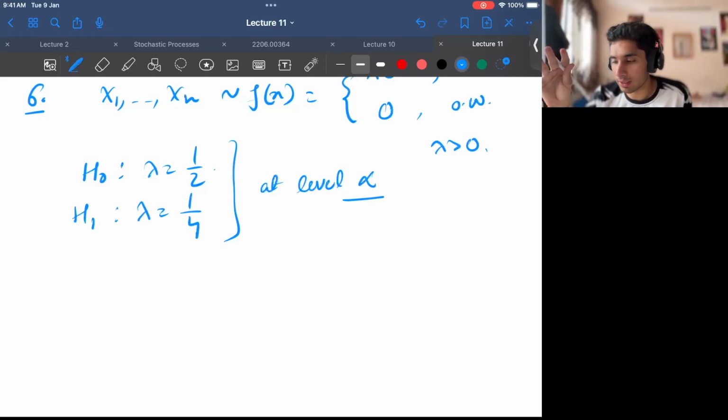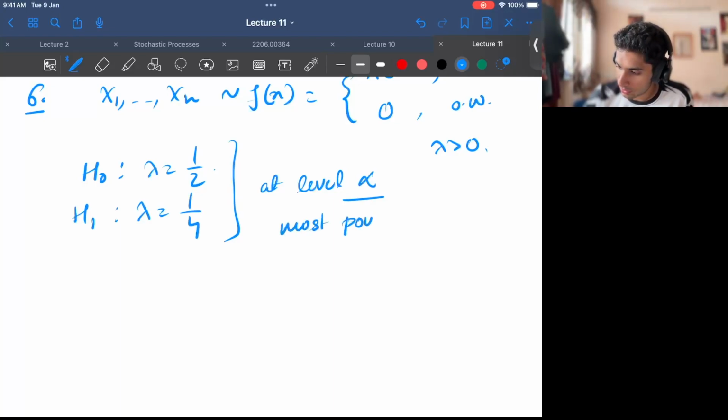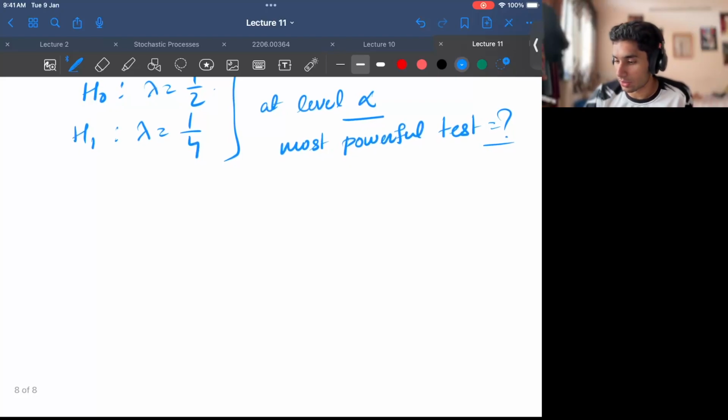So basically it is saying that the probability of type 1 error is alpha, and under this level you have two hypotheses, H naught and H1. Now you have to find out the expression for the most powerful test that exists.